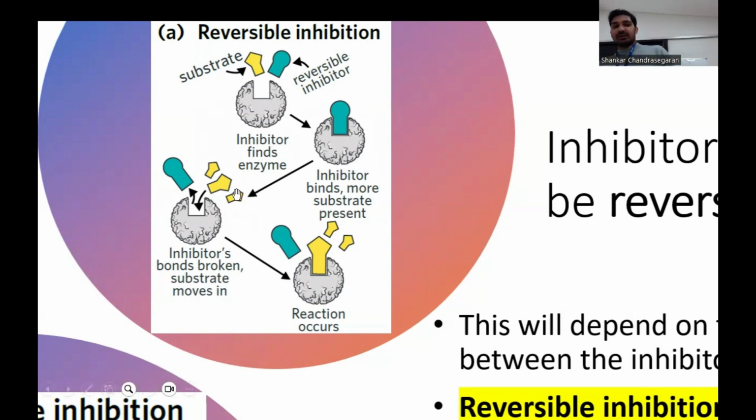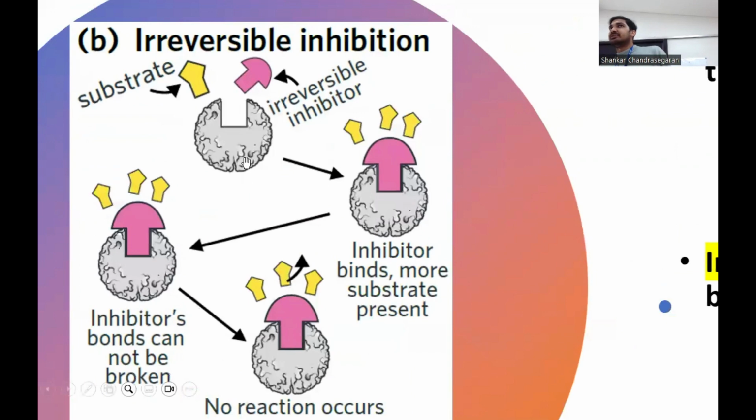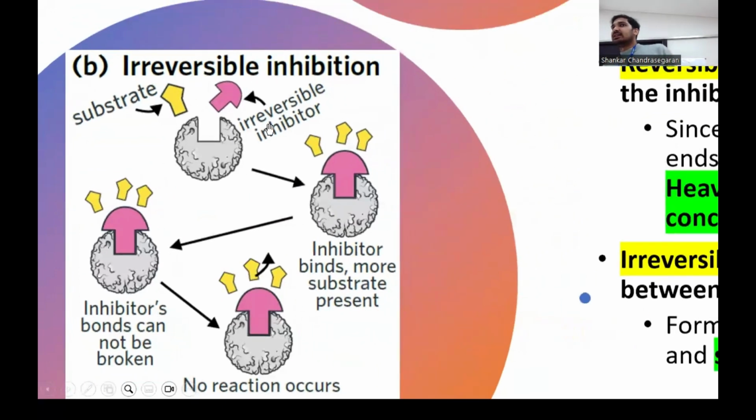But when we talk about irreversible inhibition, no matter how high the substrate concentration is, the bonds between the enzyme and the inhibitor molecule are so strong that they can never be broken down, and that in turn prevents the enzyme from working.